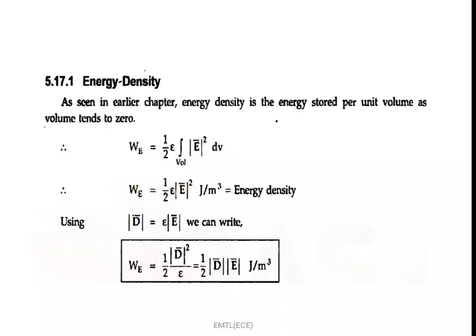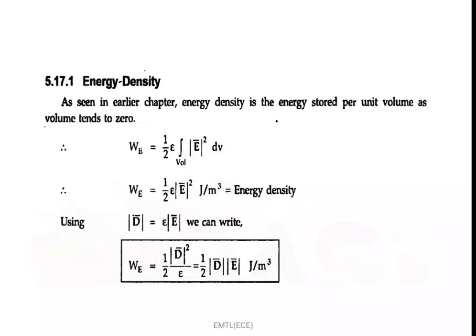As the volume tends to 0, that integral value becomes 1. So finally, the energy stored per unit volume is equal to 1 by 2 epsilon mod of E bar whole square.